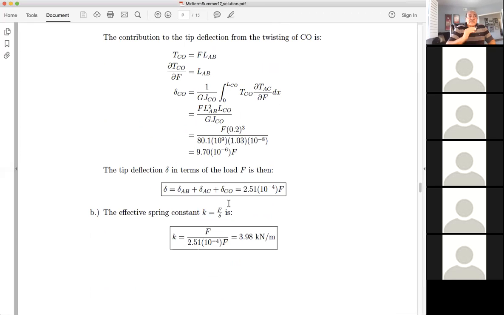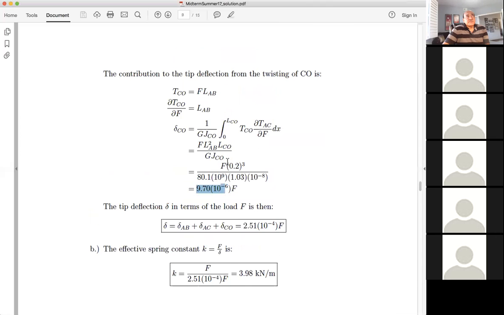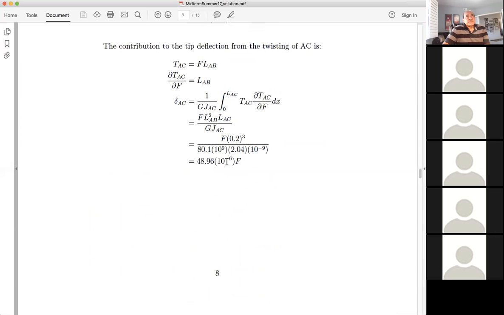And then when you calculate the displacement, it is the sum of the three displacements that we mentioned. Now, as we try to use common sense, we see the tube that is twisting gives 9.6 times 10 to the minus 6 F. The smaller size tube under twist gives 48 times 10 to the minus 6. So as we expected, it's a lot smaller.